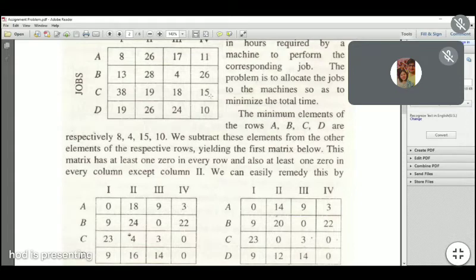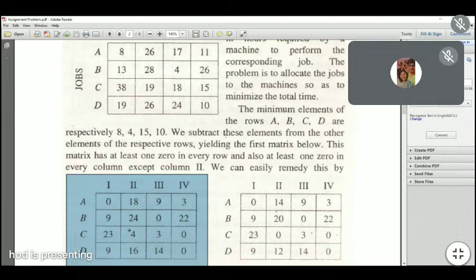Third row minimum element is 15. Matlab subtract 15 from 38, 19, 18, 15. And last row minimum element is 10. So you have to do 19 minus 10, 26 minus 10, 24 minus 10, 10 minus 10. And then you are going to get this row reduced matrix.